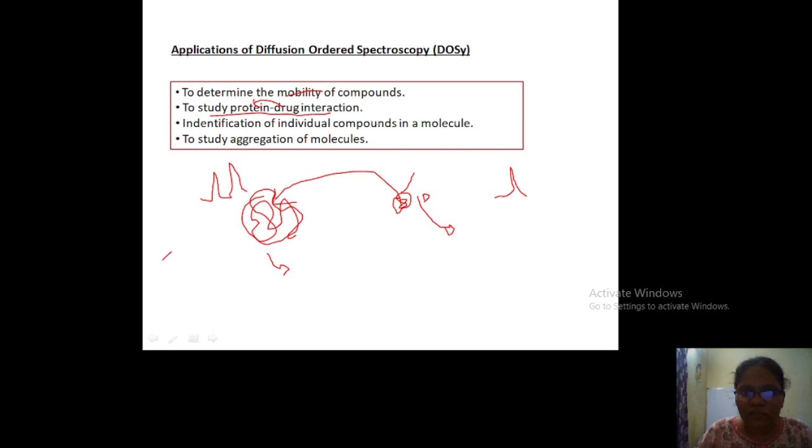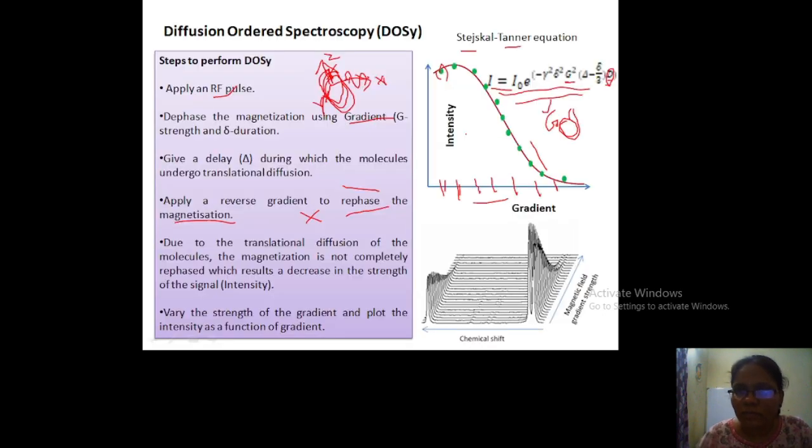So if there is a huge difference or even a small difference in the diffusion coefficient of those molecules, you can find that your sample is a mixture of molecules, and you can also find the number of molecules present in your sample depending upon how many diffusion coefficient values you get for your sample, okay?